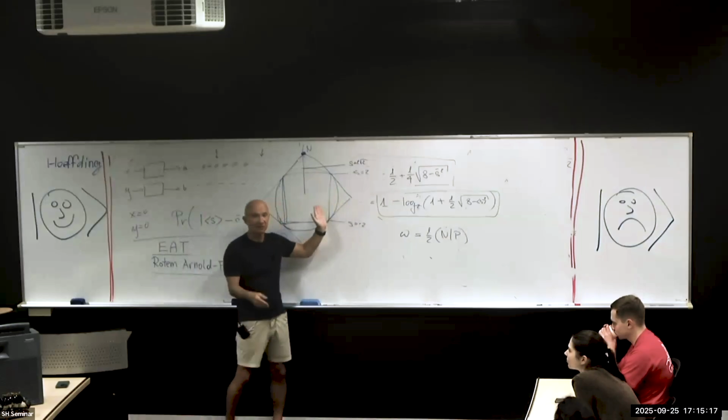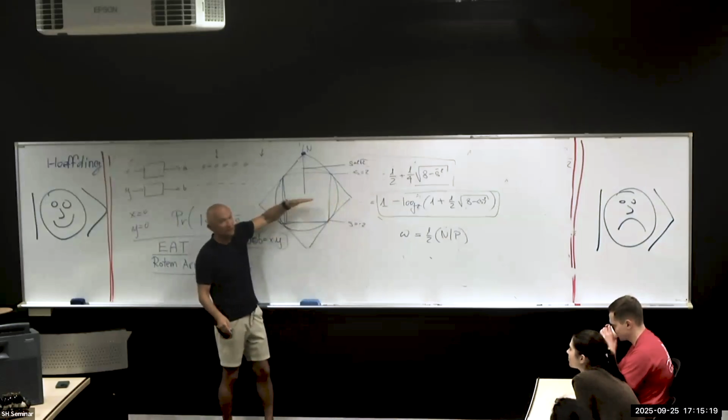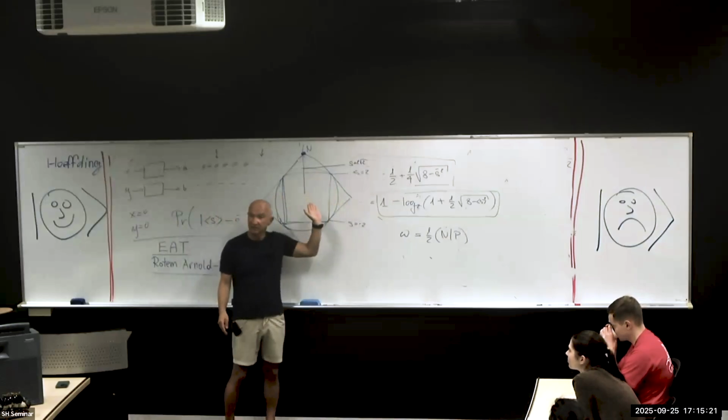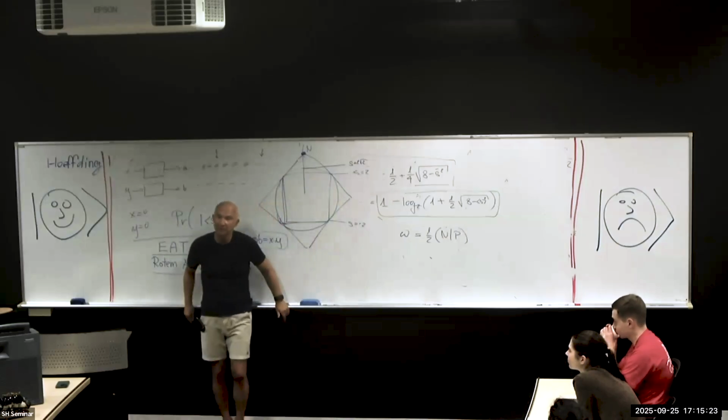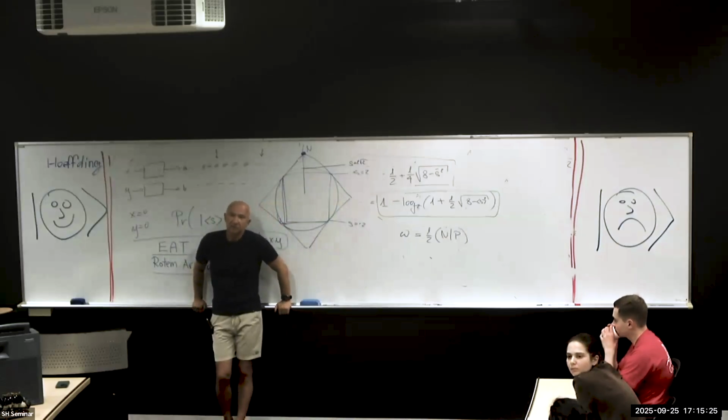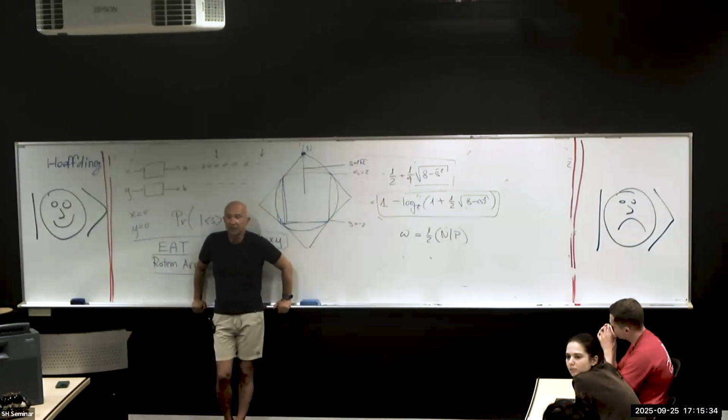That's what you were suggesting. So instead of slicing it this way, I can start slicing it in some other directions. And people did that. There are beautiful papers on the tilted Bell inequalities where you just slice it in a different way.